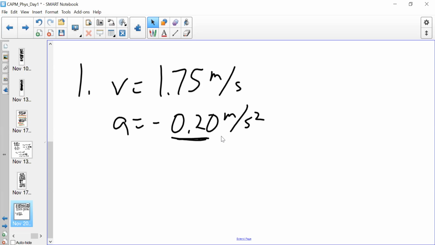So the final speed at the top, when she begins to slow down, sometimes the dissection of a problem gets rather annoying because of how they worded it. But we do what we do. She slows down to a stop, so her final speed is going to be 0. So this is an initial speed.